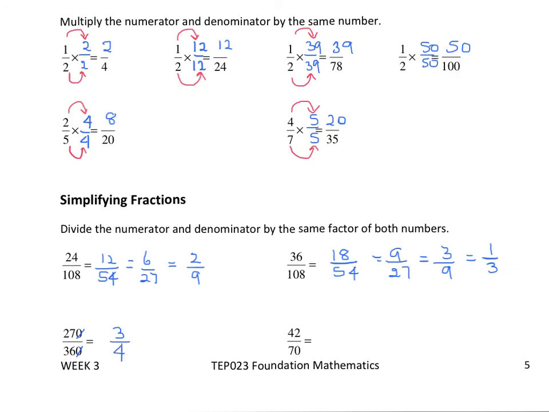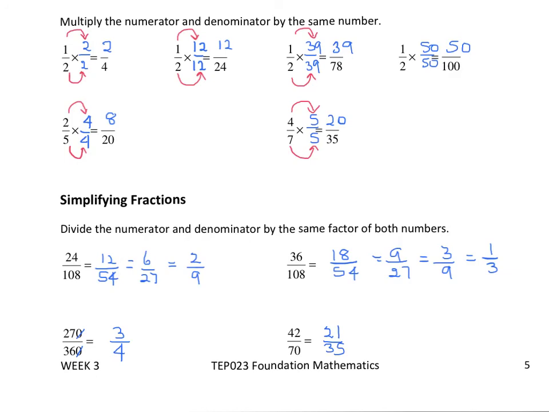And the last one, 42 out of 70. We want to simplify that. Can do that in 2 steps. Let's start with 2. 2 is a common factor of both those numbers. Dividing both by 2, we'll get 21 out of 35.